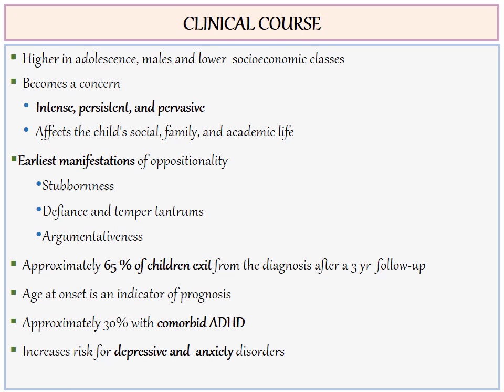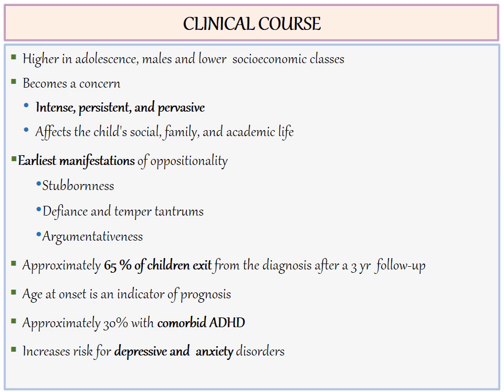Clinical course of conduct disorder: the prevalence is approximately 3%, and the prevalence rate of CD is higher in adolescence than childhood, in males and lower socioeconomic classes. It becomes a concern if it is intense, persistent, and pervasive, and affects the child's social, family, and academic life.